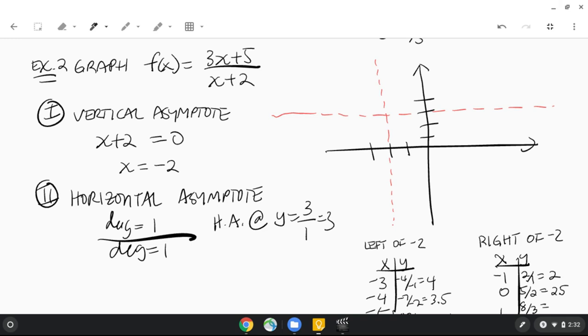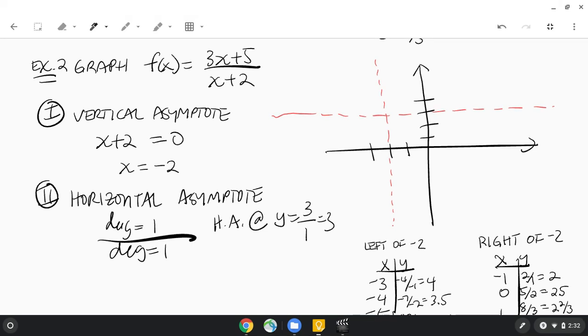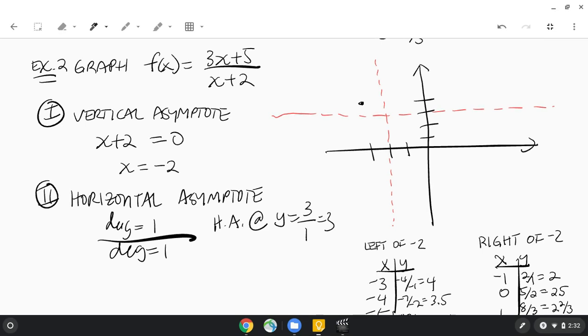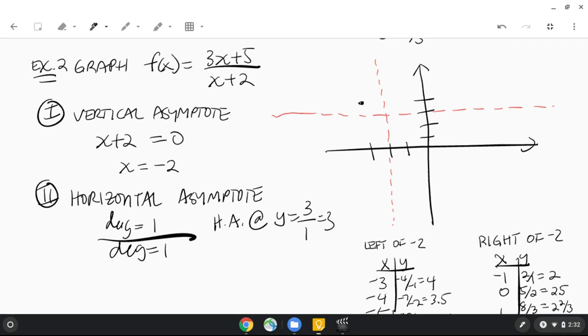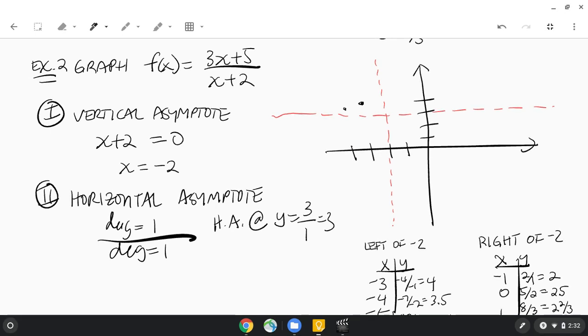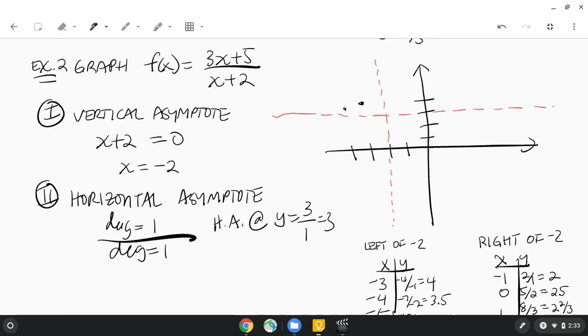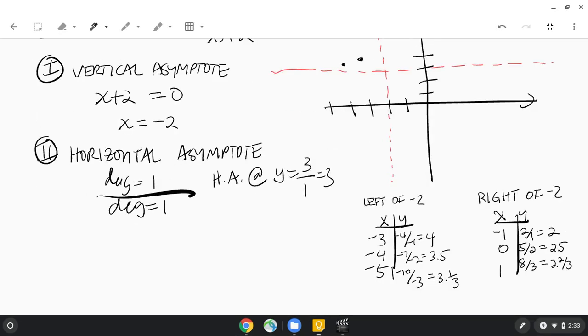Okay, so let's go ahead and plot these. So we have a point at -3, 4. -4, 3.5. And -5, 3 1/3.